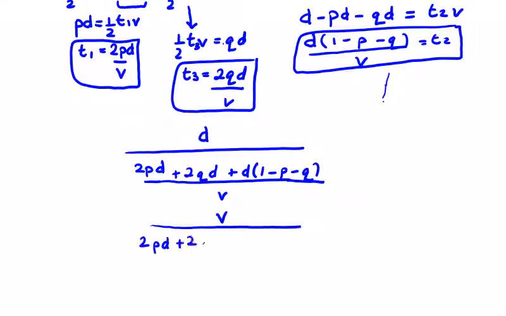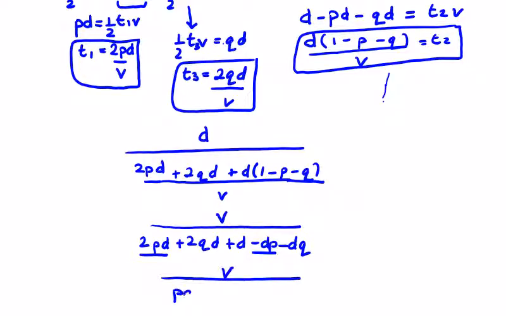2pd plus 2qd plus d minus dp minus dq. So I have 2pd minus 1pd. So I have v over just pd. And the d's are gone. So here, these are going to be rubbed out.